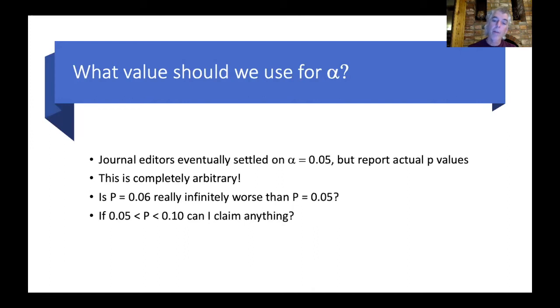It's not true that biology follows these sorts of thresholds where effects are true or not true depending on which side of the threshold they fall on. And yet we use this strict threshold quite religiously within the field of biology. And I'd say we really ought to give that much more careful consideration.